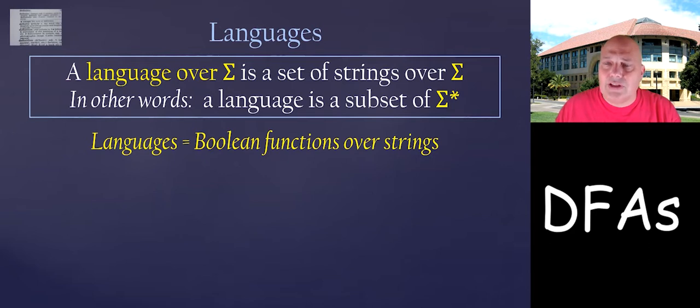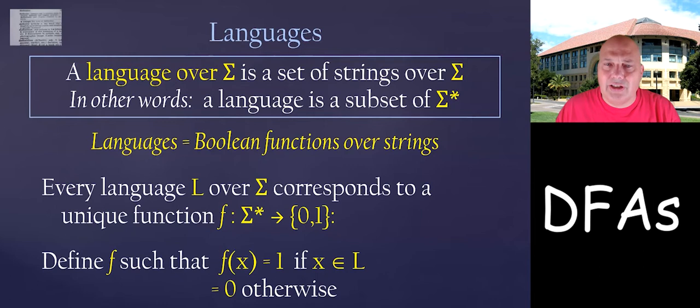Languages can also be viewed as Boolean functions over strings. This is just an equivalent representation. The function that corresponds to a language L is the function f, such that f of x is 1 if and only if x is in L. Otherwise, it is 0.